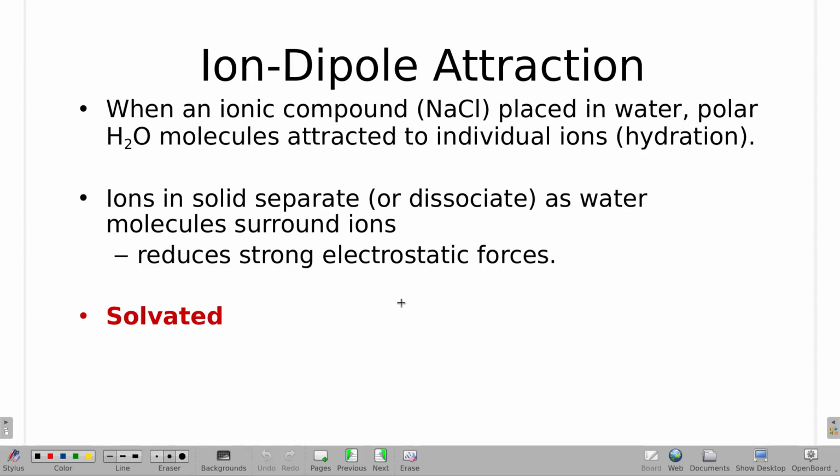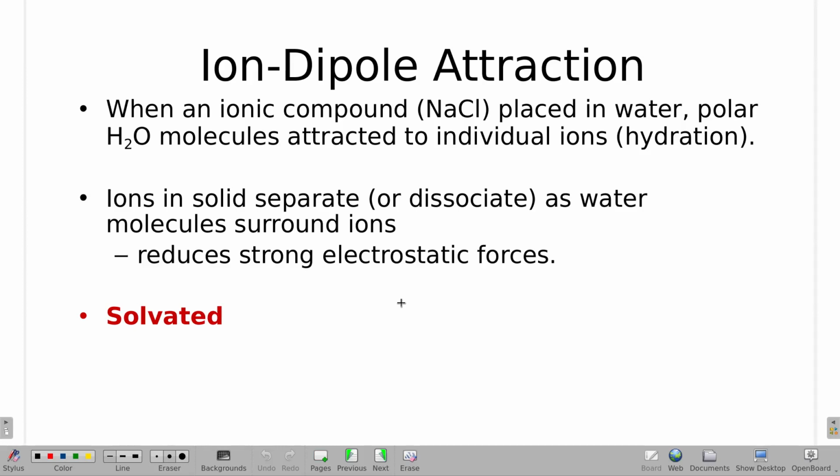We've talked before about intermolecular forces and the ion-dipole attractions. That's what's going on when sodium chloride separates and gets surrounded by water. That happens because the intermolecular forces between the sodium and water and between the chlorine and water are comparable.